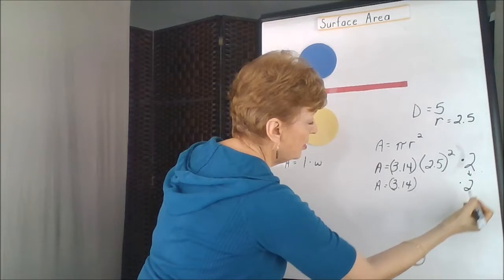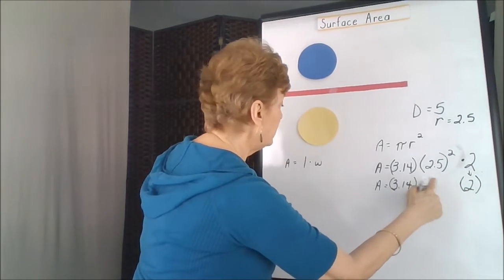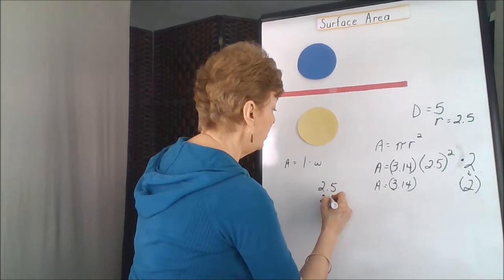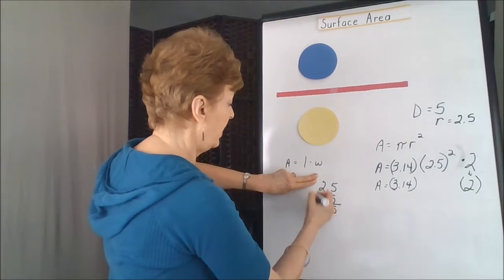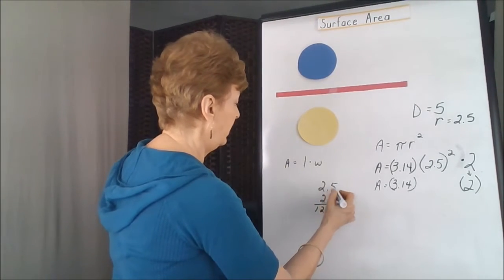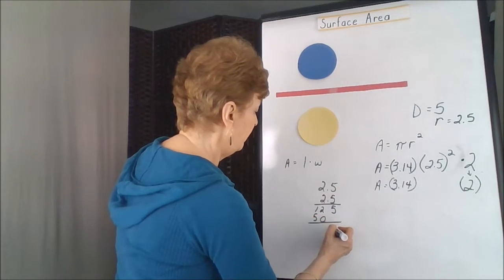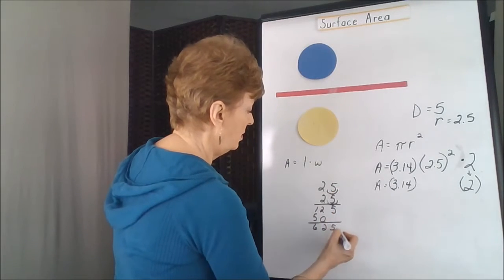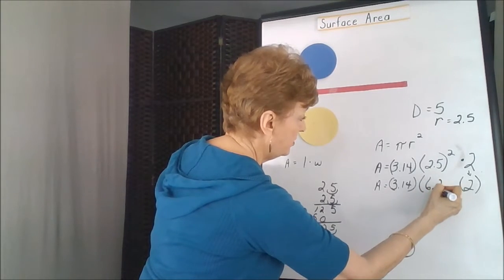This is going to go straight into my answer. Okay, this is the part we're dealing with right now. So 2.5 times 2.5. We have 2 carry 2, that's 12. And 10 and 5. So we have 5, 2, and 6 with 2 moving the decimal point. 6.25.